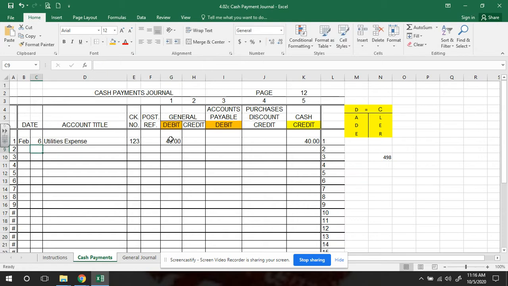My debit equals my credit. Also, keep in mind that expenses increase on the debit side, so yes, this makes sense. Cash is being paid out. Cash is an asset, and it's decreasing, which makes sense that it's on the credit side.